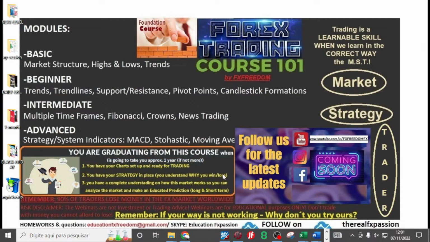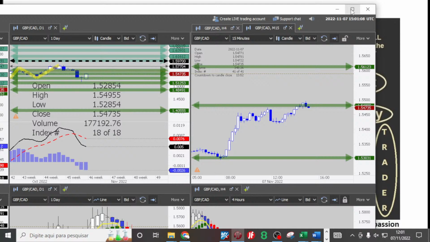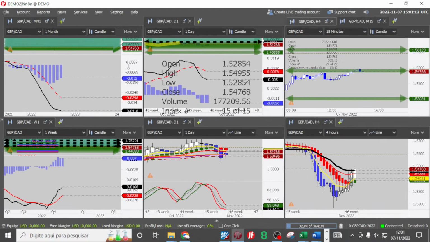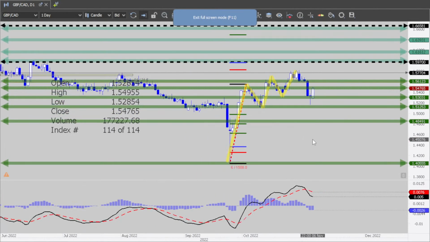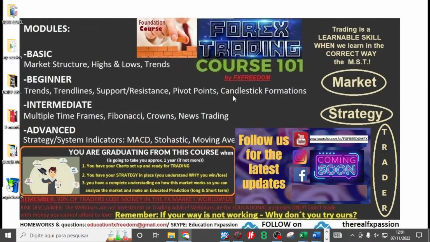And never forget, you are going to graduate from this course, number one, when you have your chart set up and ready for trading, something like this. Not necessarily exactly the same, but something like this. You have the Fibonacci, support, resistance, pivot points, whatever you like, and you use in order to make some pips and money. Number two, you have your strategy in place.